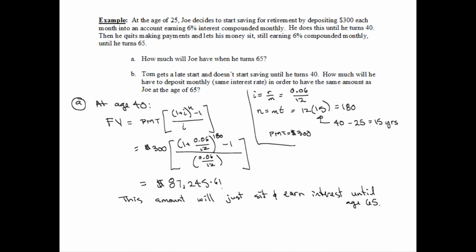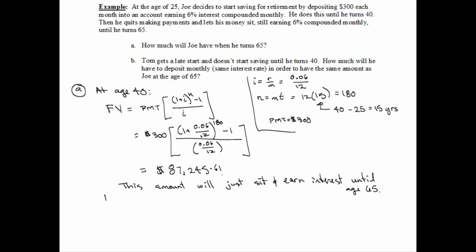So at age 65, how much will he have? Okay, well, what has that money been doing? That money's just sitting there, so we cannot use the annuity formula. The annuity formula involves periodic payments. We do not have any periodic payments. We just have interest being compounded. So that means we're going to use our compound interest formula.